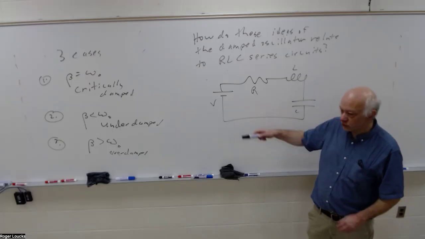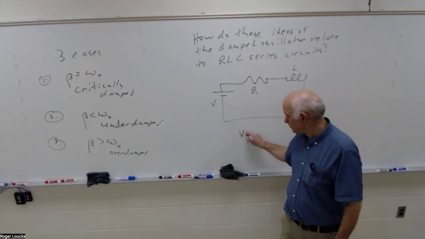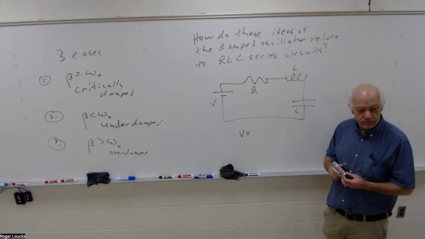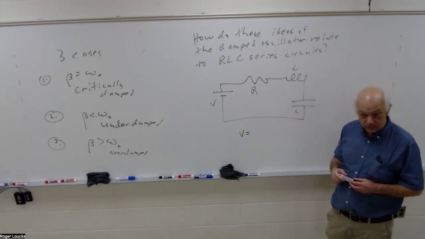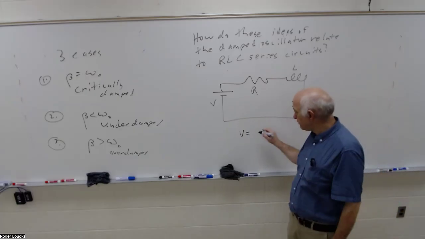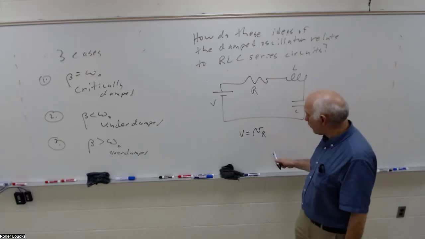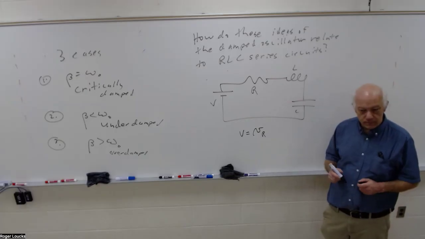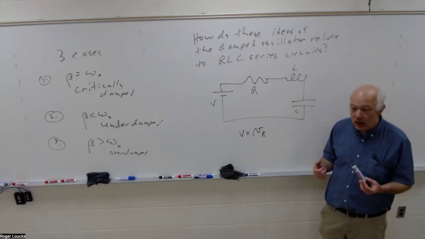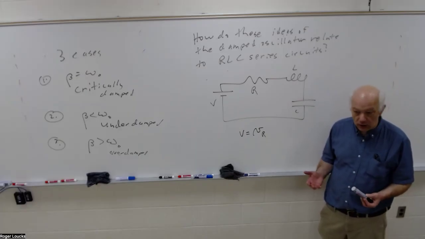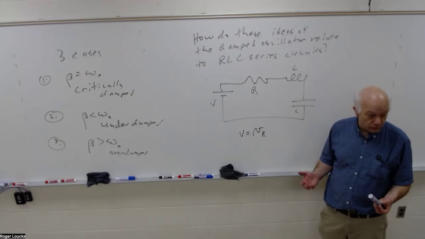What do you know about this voltage here, V? This and this are in series. So what do you have to have? You have to have the voltage across the resistor. Now, why am I using a lowercase v here? Anytime in electricity, whenever you do circuits, anything with a lowercase symbol is always something varying with time.